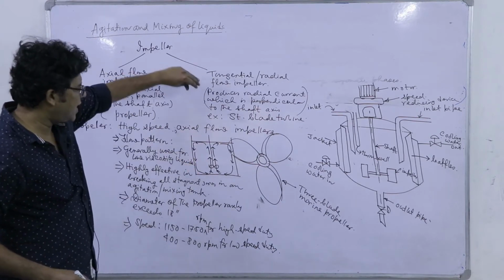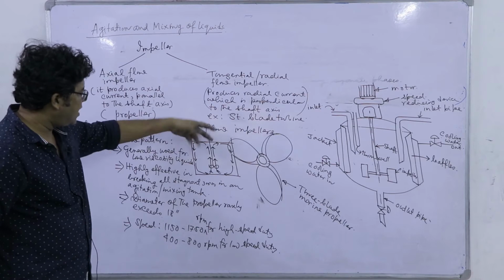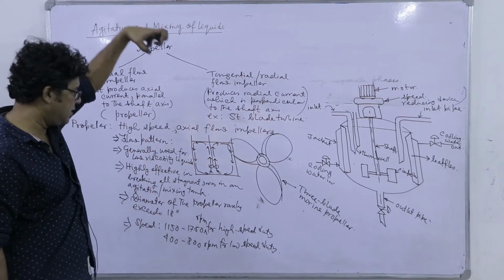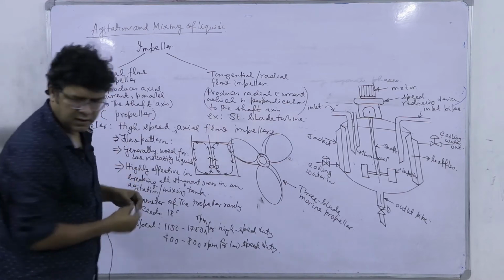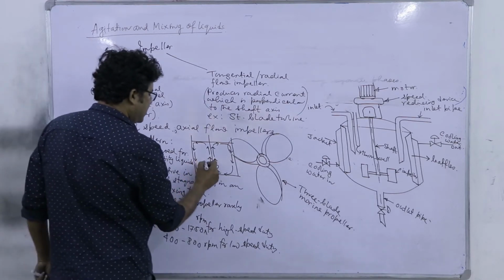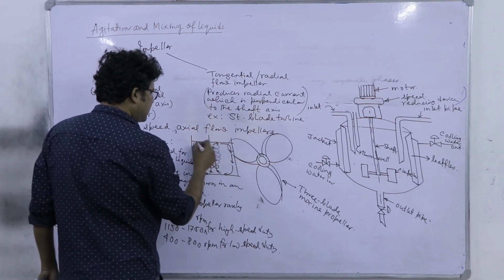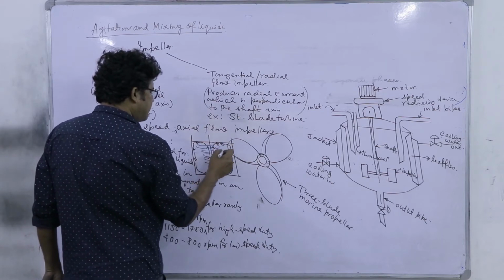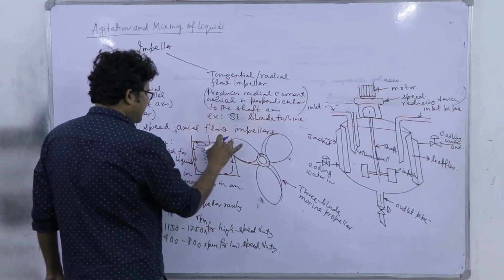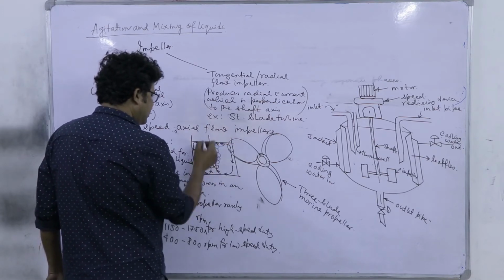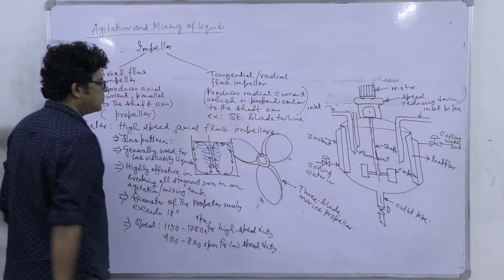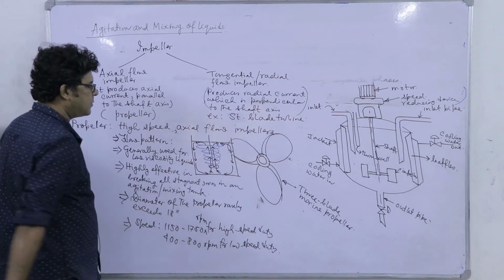It produces this axial current, right? And mostly it is oriented in such a way that it sucks the liquid, and it will be forming a kind of helix, right? Actually, it is a helix. From there, it deflects and moves down and again comes back to the inlet of the propeller region.